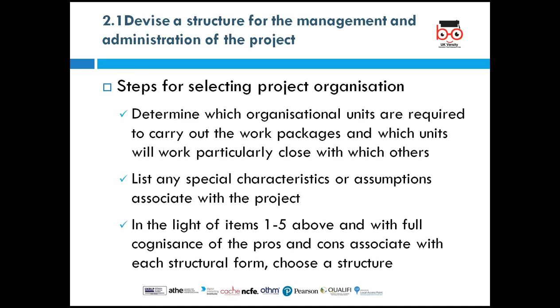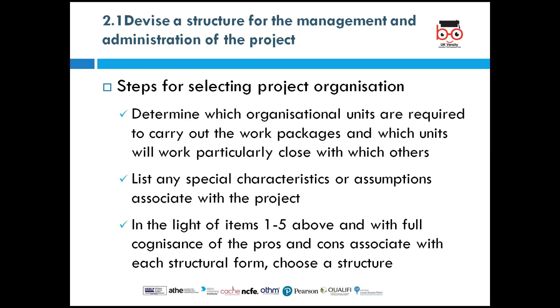And then the next step will list any special characteristics or assumptions associated with the project. And in the light of the above, and with full cognizance of the pros and cons associated with each structural form, we choose a structure. So if your business is a one-man business, maybe a corner shop, you don't need a very big organizational structure, because you, your wife, and children can run it.